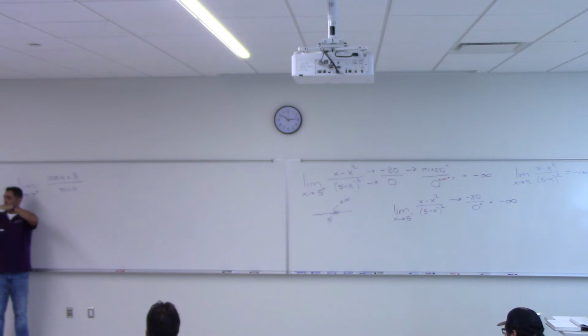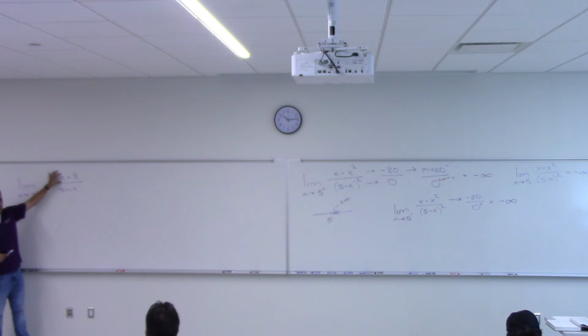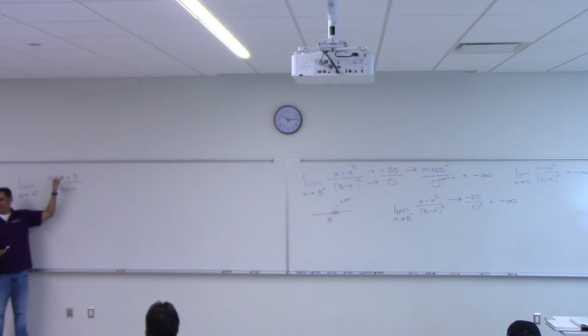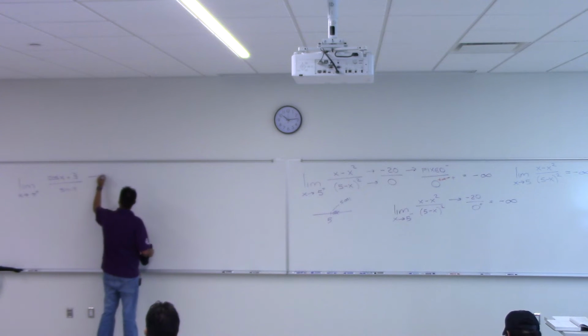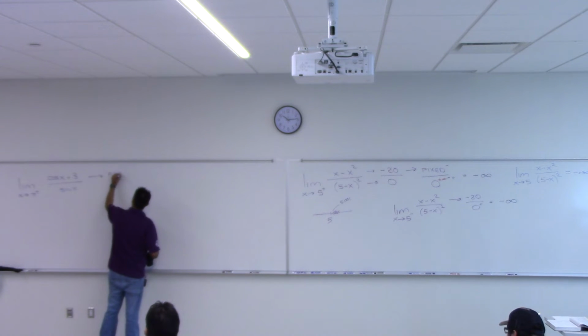Negative 1 and 1. So if I add 3 to this, no matter what it is, do you agree that's got to be positive? The worst case scenario is that this is negative 1. If I add 3, I'm still positive. Or it could be positive 1, but add 3, I'm still positive. So no matter what, my numerator is positive. This is a fixed positive number. Does anyone have a question on that?